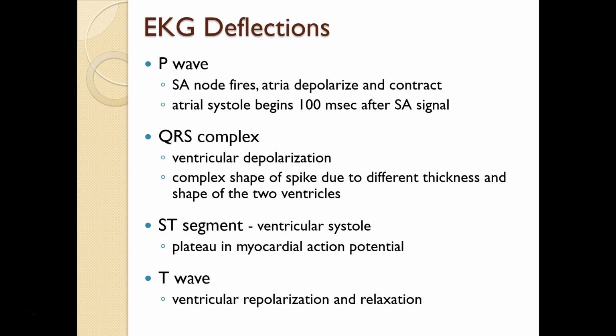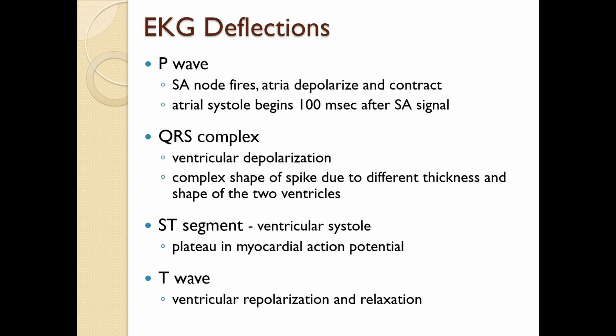The QRS complex, the spike in the center: during that process, you have the ventricles depolarizing, and the complex shape of the spike is due to the different thicknesses of the two ventricles. Ventricular depolarization precedes contraction.